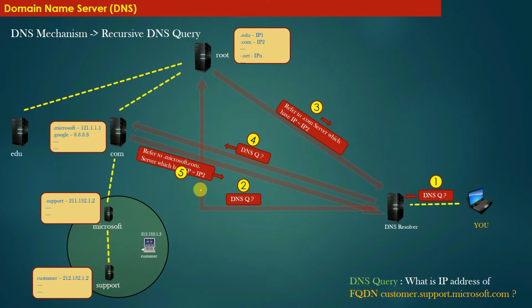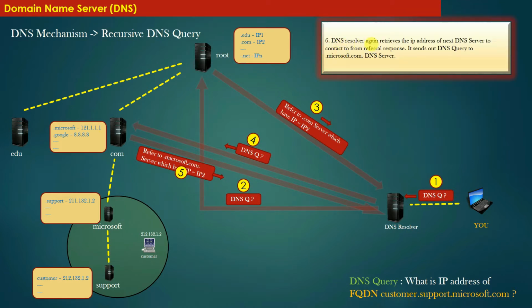So now, as a next step, the DNS resolver again retrieves the IP address of the next DNS server from the referral response. Note that this referral response is received from the .com top level domain name server. Now the DNS resolver sends out the DNS query to the next DNS server, which is the .microsoft.com DNS server.